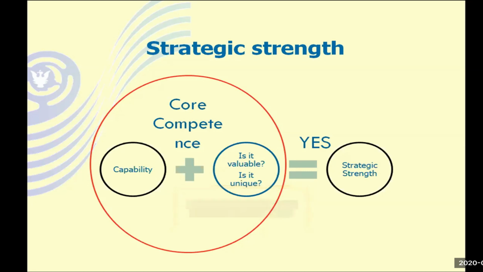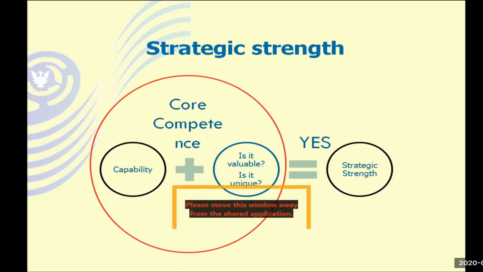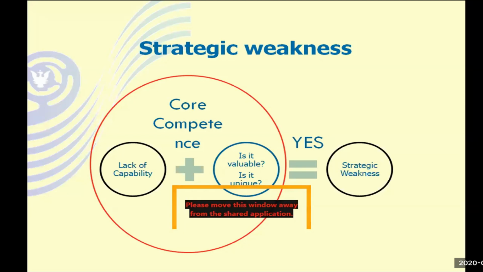You have the capability, the core competence. Is it valuable? Is it the same model down there? Is it unique? Yes. Then you have a strategic strength. If the answer is no, then you have no strategic strength. That means you have no competitive advantage. Lack of capability, right?